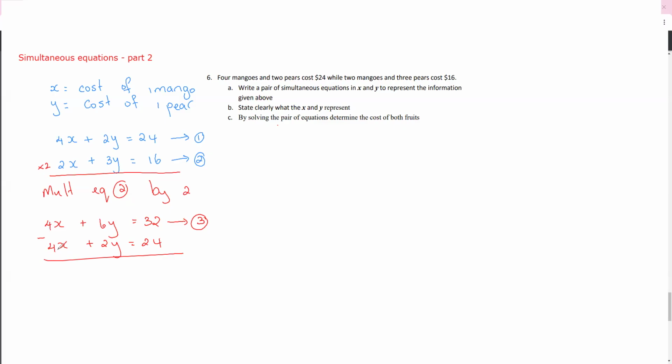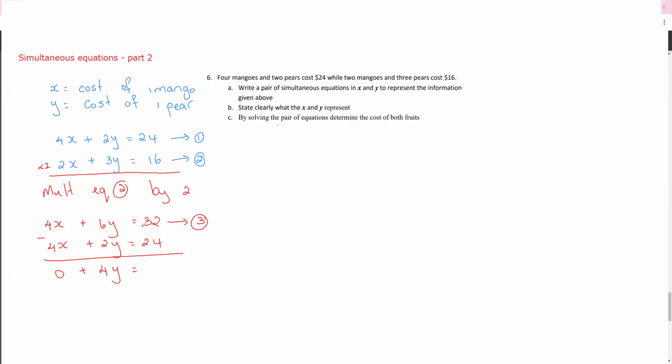So 4x minus 4x, that's 0. Whatever you did to make it 0, you have to do it throughout. So we now subtract the y's. 6y, take away 2y, that's 4y.